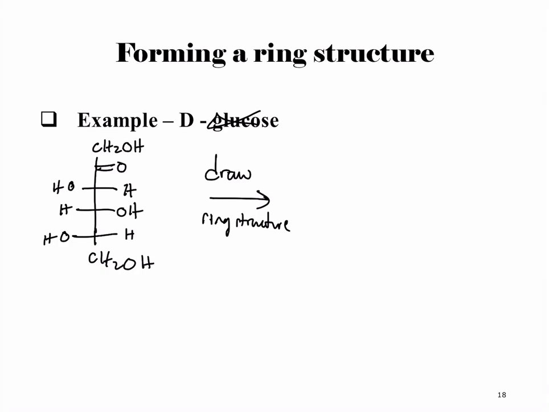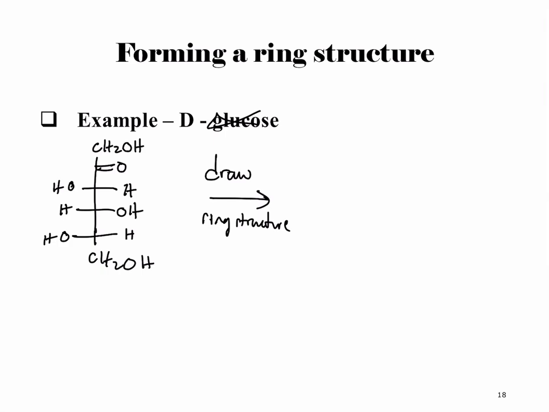So there's a couple of things we need to identify right away. Is it a D or an L enantiomer? Is it an aldose or a ketose? Those are the important things. Then once you have that, count the carbons in between.